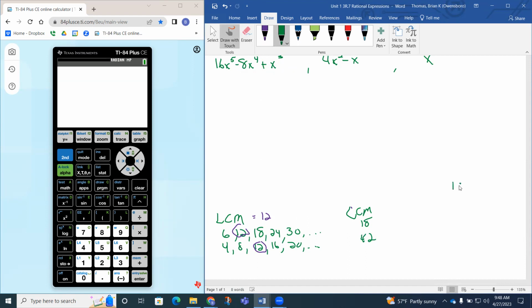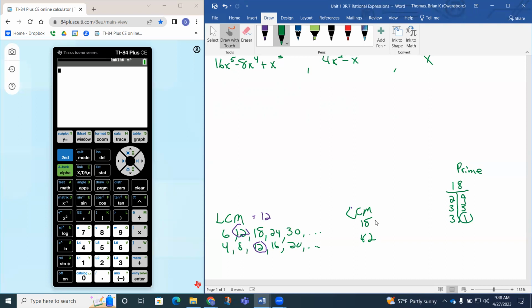So if I look at the prime factorization of 18, remember we have the 2 goes in 18, 9. 3 goes into 9 3 times, and 3 goes in 3 1 time. So 2 times 3 times 3.